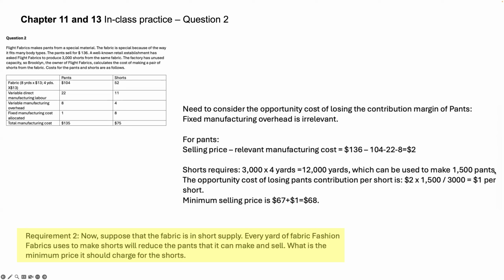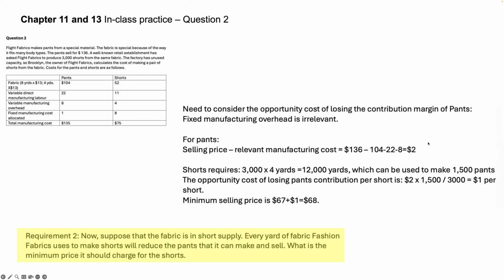So the idea here is 12,000 yards can either make 1,500 pants or 3,000 shorts. You can't get both, because you only have so many yards of fabric. You either use it for making 3,000 shorts, or you use it for making 1,500 pants.